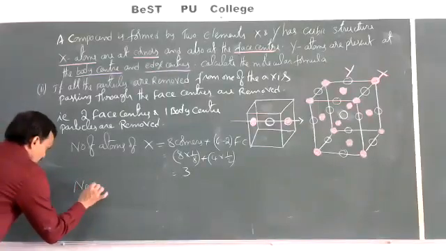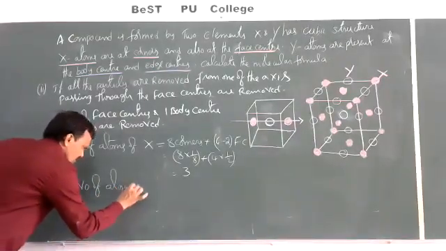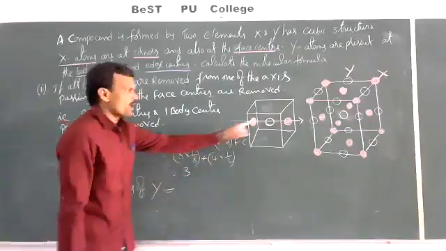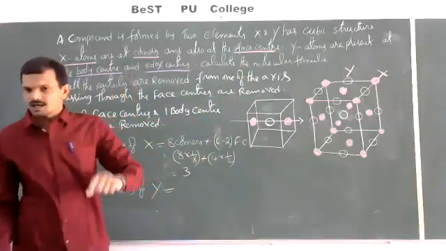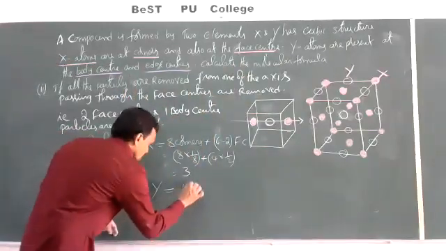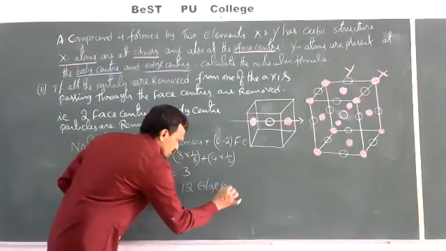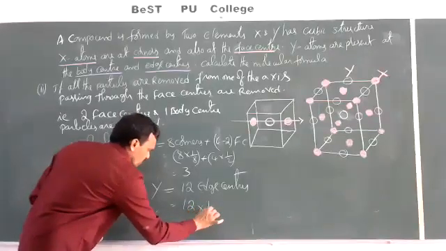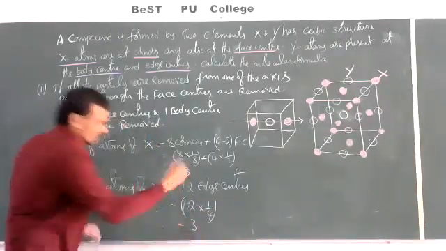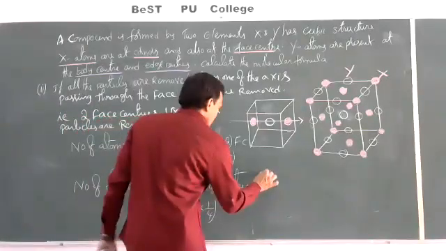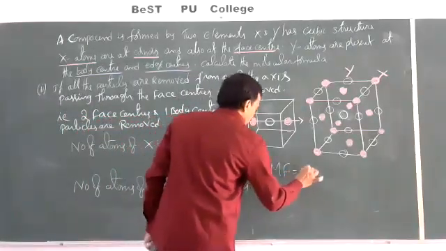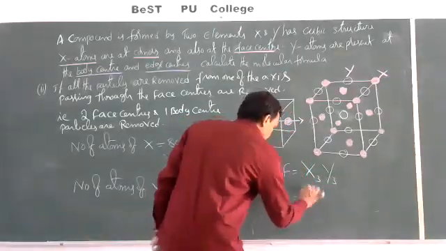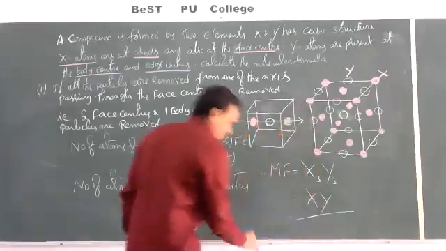Then I will calculate number of atoms of Y. Here one body center particle is removed. What is remaining still? 12 edge centers only. Only 12 edge center particles are there, which is equal to 12 into 1 by 4, that is equal to 3. Therefore, the molecular formula of the compound: there are 3 atoms of X and 3 atoms of Y. So the same molecular formula we get here also.